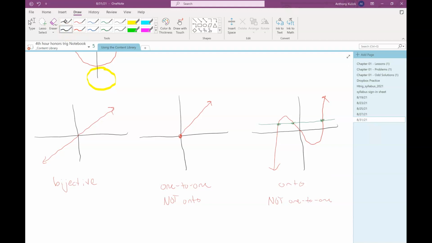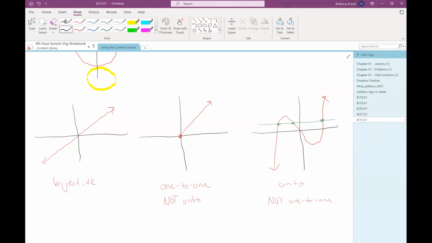So we have these properties here. As far as we're concerned, which one is the major contributor in determining whether the inverse will be a function or not? Will it be the one-to-oneness or the onto-ness? It's the one-to-oneness, right?